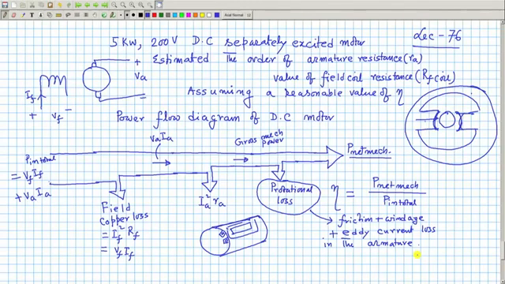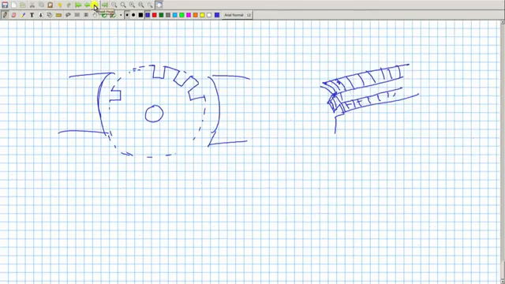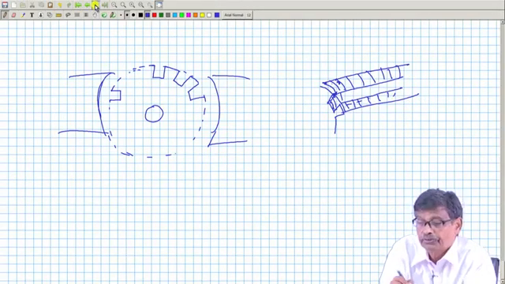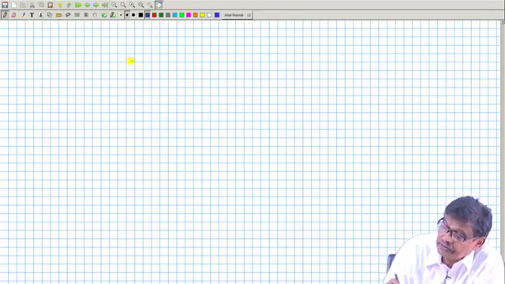So, now with this understanding, you have this information, so that we now understand motor operation in a better way. Therefore, suppose I now consider a separately excited motor.